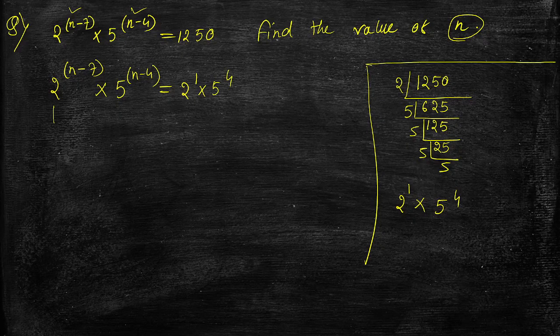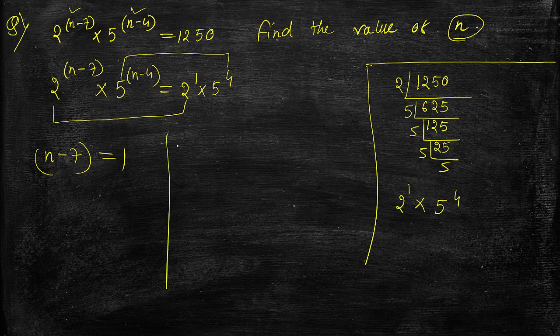Now see, you can equate these two, or you can equate these two, because 2 and 2, so n minus 7, that has to be 1, or this is 5 and 5, so n minus 4, that has to be 4. So from here we get n equals 1 plus 7, that is 8.